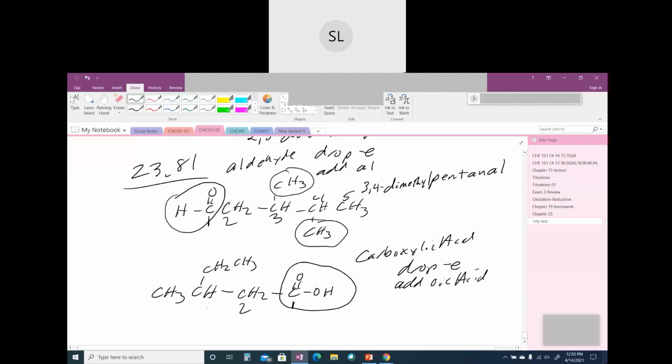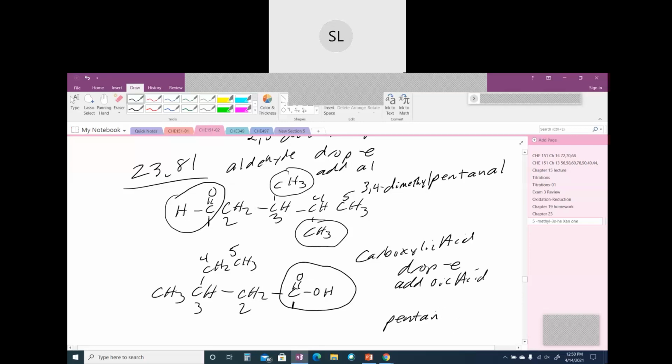1, 2, 3, it doesn't go straight across this time. Again, you've got to go the way that has the longest carbon chain. It is not always straight across. So to get the longest carbon chain, you go up, and that's 4 and that's 5. And so you have a pentane, but we're going to drop the E and add oic acid.